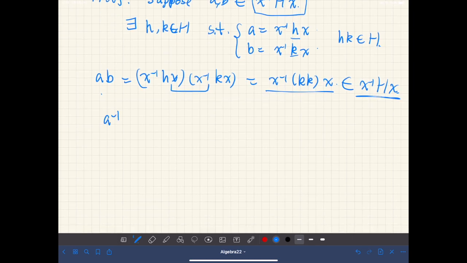And A inverse is X inverse H X inverse. This is X inverse, so we change the order and take the inverses. And X inverse inverse is X. So of course, again, this H inverse is an element of H, so this means this belongs to X inverse H X. So these are satisfied.